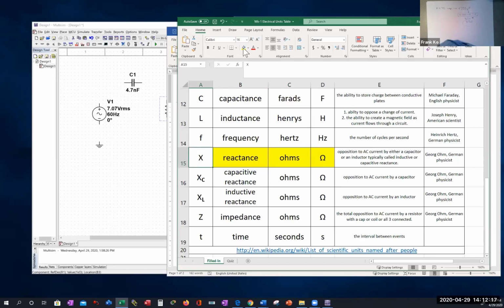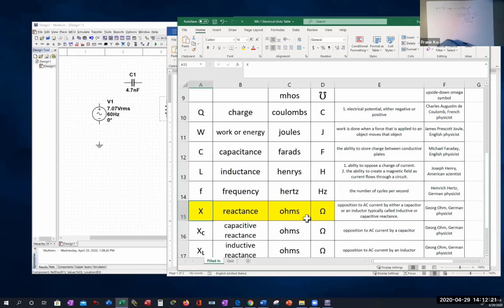We use the letter X. So X for reactance, measured in ohms. What is it? It is defined as the opposition to AC by either a capacitor or an inductor, and it's typically called inductive reactance or capacitive reactance.